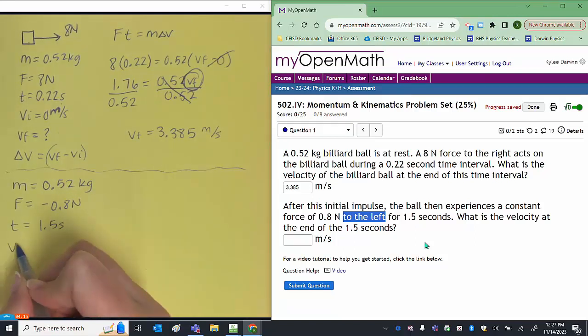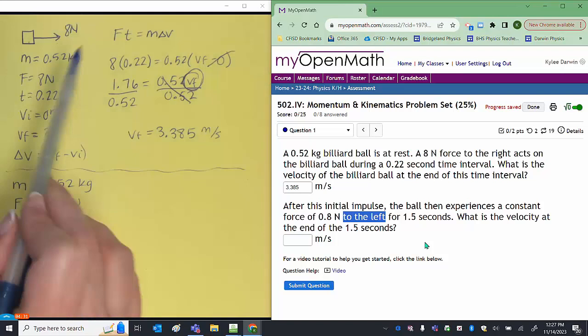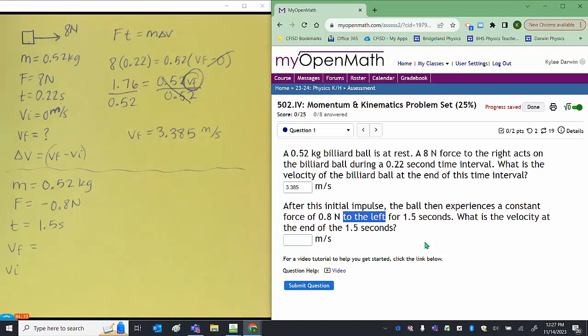The final velocity is what we're looking for, but there's one other piece of information that I know. I also know the initial velocity, because this ball is moving now. It was initially struck, pushed with some amount of force, and this force initially got it moving because at the end of that time, it's moving.